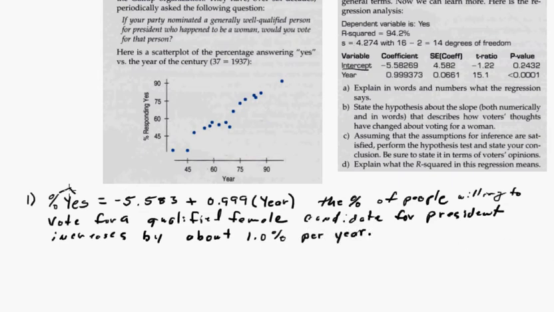Okay, so remember that when we describe a model, oftentimes the slope is the most important thing to describe because that's describing the change.